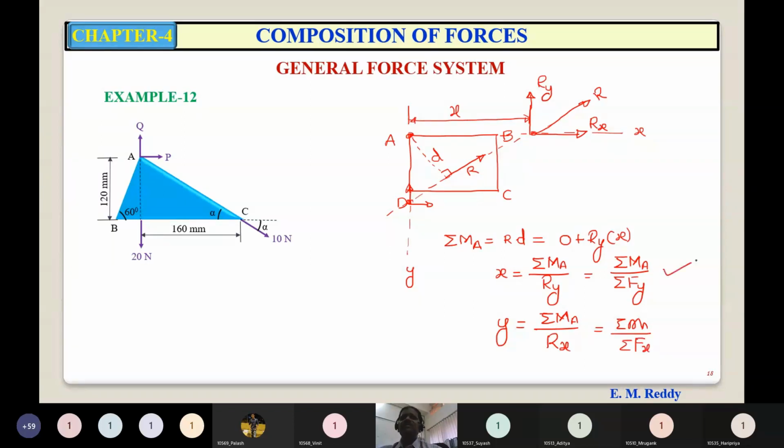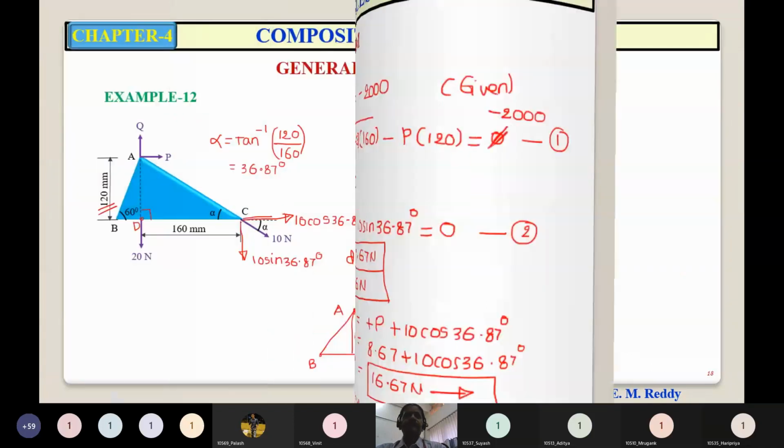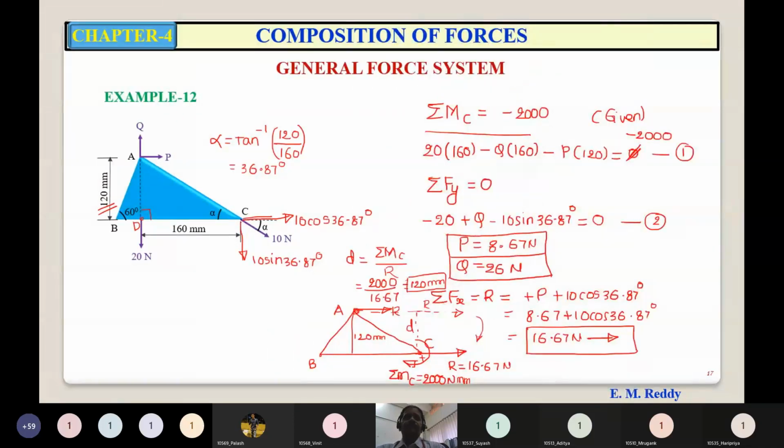So this x is the horizontal distance with respect to A, y is the vertical distance with respect to A, whereas D is equal to summation MA upon R. Here D is the perpendicular distance from point A. So that way you can define the position of resultant with respect to the given point. Yes, sir. Okay. Thank you, sir. So with this, we have finished unit number 1, that is resolution and composition of forces.